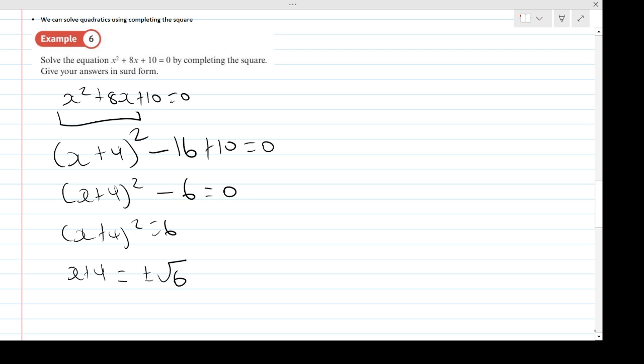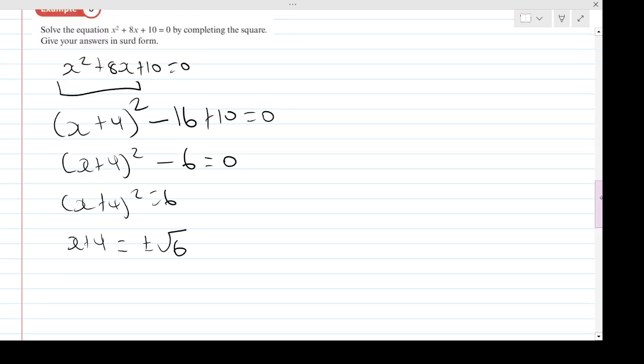Remember, plus or minus because it's solving. When you square root, when solving, you need to do a plus or minus, because a minus will square to get us to the same number as a positive. Anyway, so plus or minus root 6. And then, to get x on its own, to solve it, move the 4 to the other side.